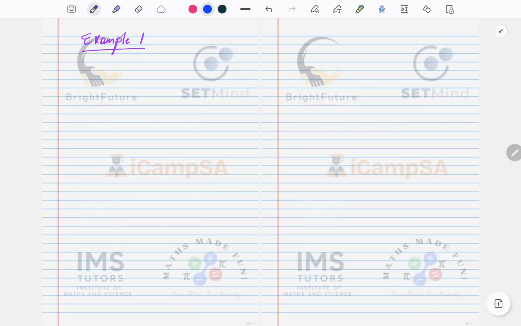Okay, let me do this. Let me draw my circuit. So I'm gonna have a battery here, which is my supply.